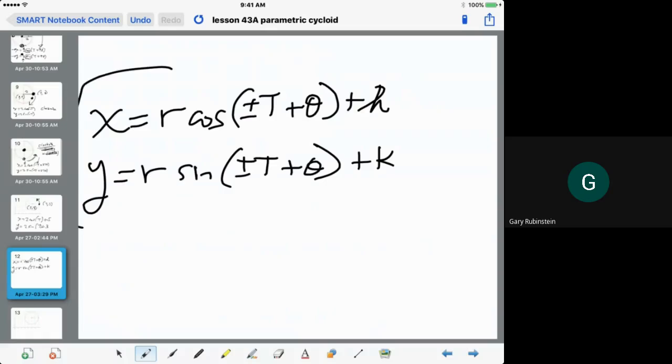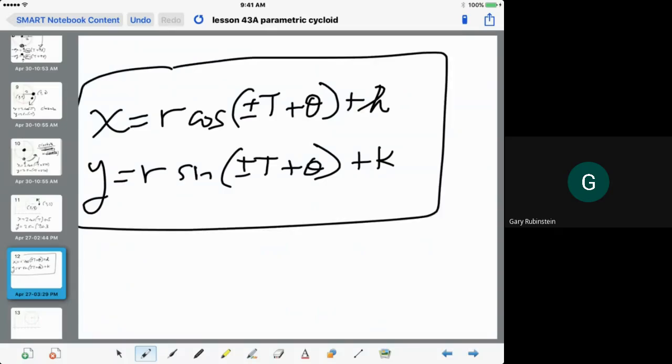And this takes care of every scenario that we have. So this is at least every scenario where the center of the circle is a constant. The center of the circle is not moving, just the point on the circle.